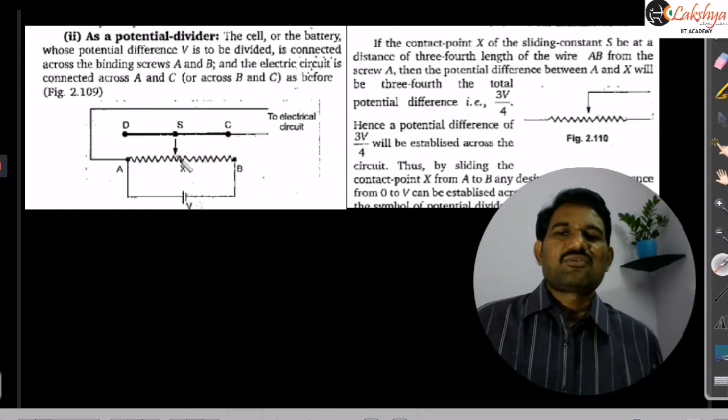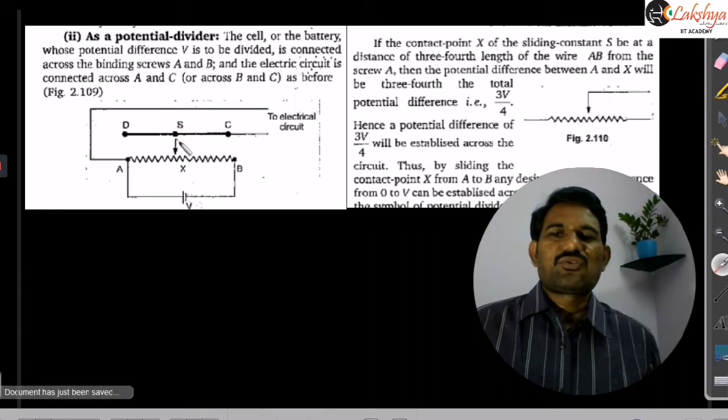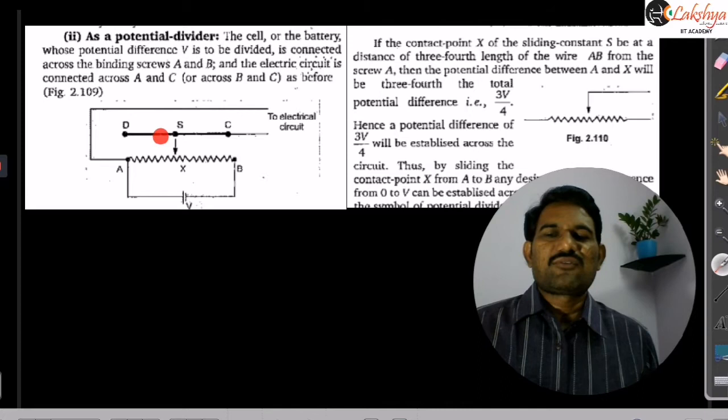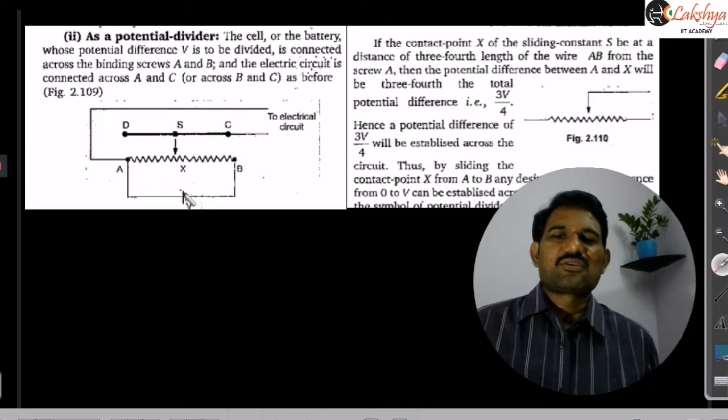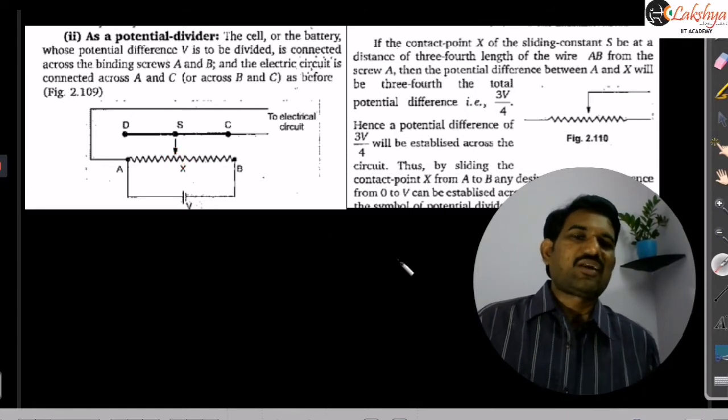If you want to increase the potential difference, we should move towards B. If you want to decrease it, we should move towards D. The total potential difference V will be there across this AB. So just by sliding this contact, we can increase or decrease the potential difference, or put any desired value in that circuit, right?